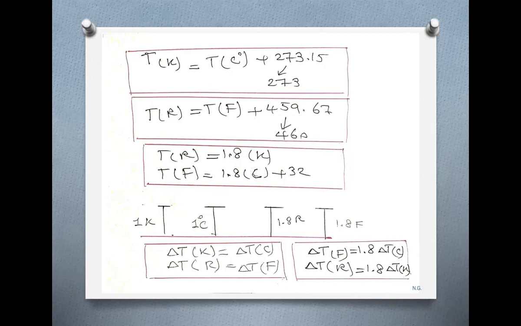And there is a relation between Fahrenheit and centigrade. For example, me myself, the Fahrenheit doesn't make sense to me when you say, okay, here is the temperature in Fahrenheit.